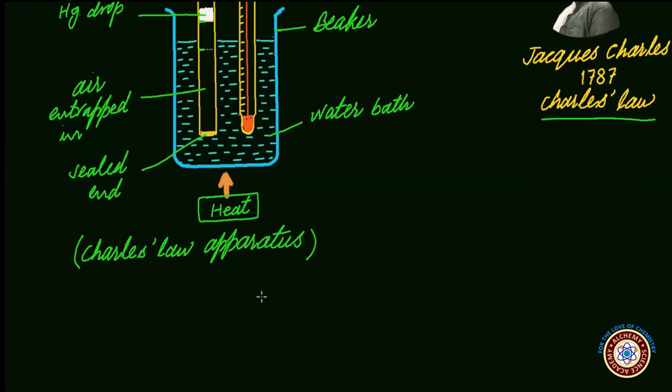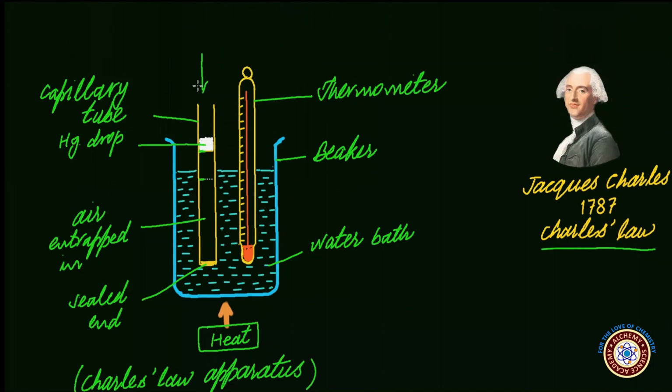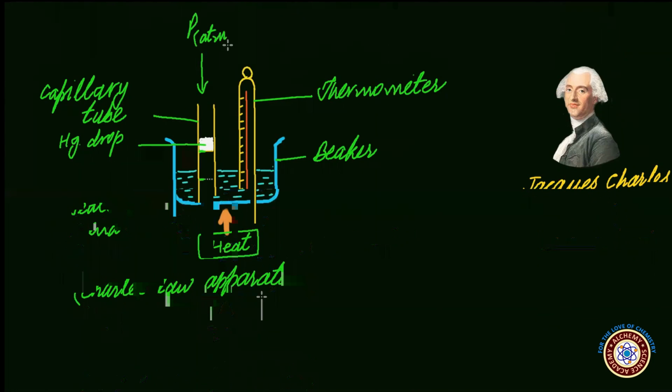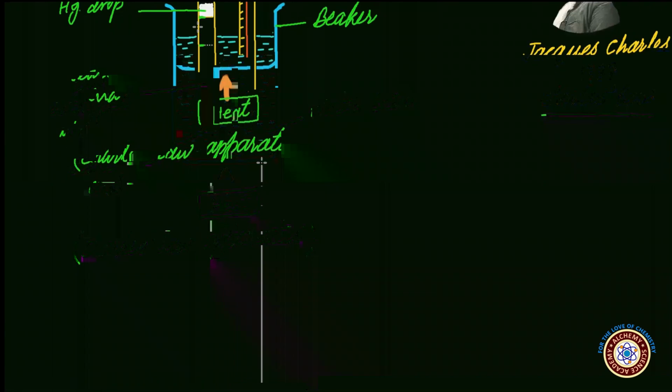As a result, collision frequency also increases. It results in the increase in pressure of the trapped air higher than the external pressure, which is the atmospheric pressure, since the upper end of the capillary tube is open. So external pressure is constant, equal to 1 atmosphere.